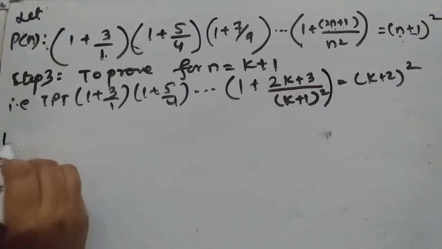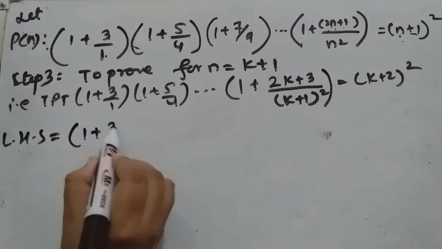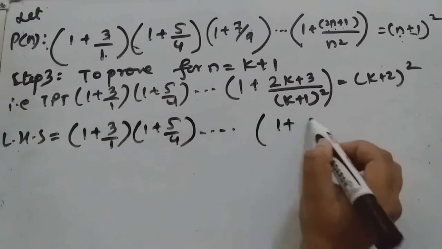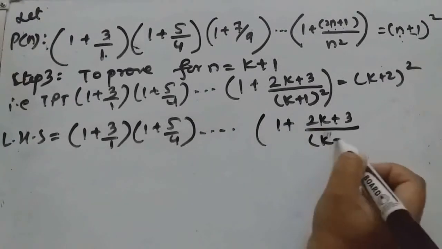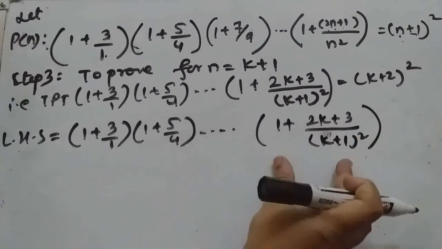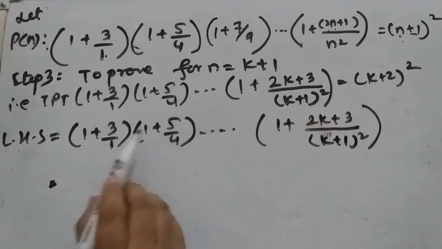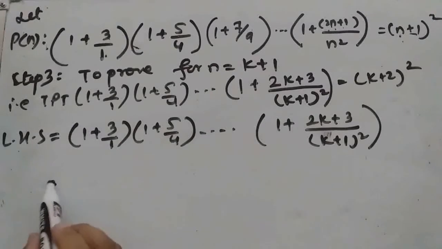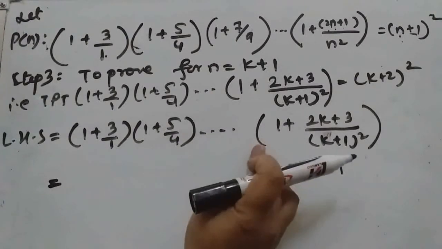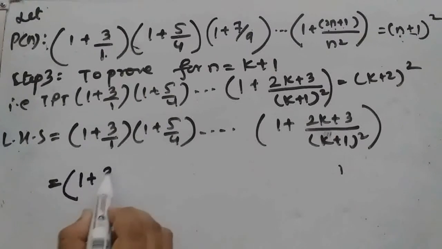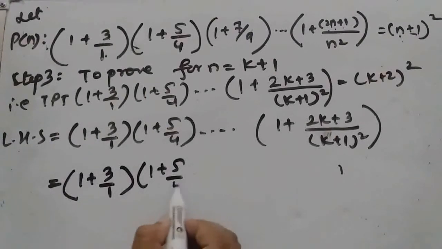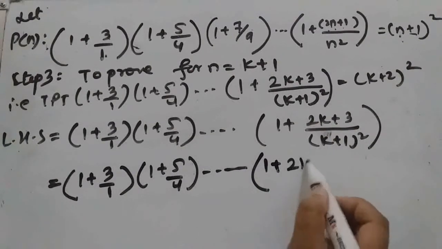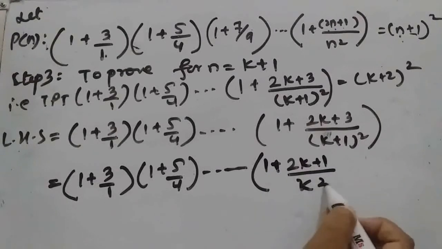So we will consider the left hand side of the expression, and we will find the previous term. By observing this pattern you can find, 3, 5, 7, the difference is 2, isn't it? Or we can write the last term of equation 1 here, because we will get the same expression. The last term of the expression is 1 plus (2k plus 1) divided by k square, isn't it?